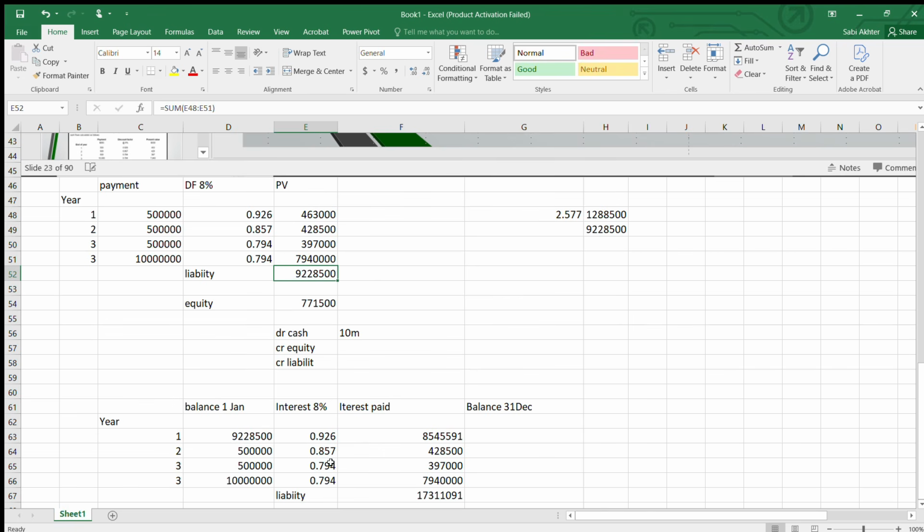So now you will find the interest at 8% on this amount. And then you will be deducting 500,000 interest paid. And your balance will be just the sum. Do not put minus because it is already minus. Just put the sum function and take this.